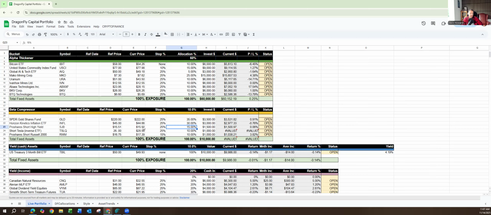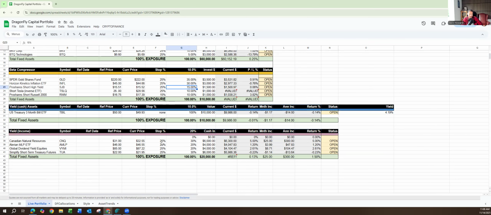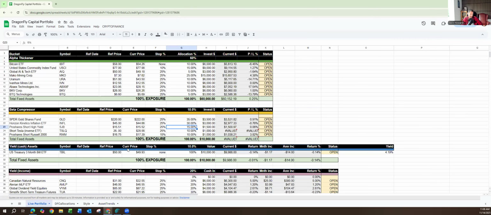But in terms of these volatility regimes, I want to reduce exposure, and I've added these names here called a beta compressor, which brings down the beta to adjust in this environment from time to time. Looking at, like I said, gold as a hedge, as an inflation hedge as well. With this ETF, short the high yield space here, short the car company, short the vulnerable Russell small cap in this shorter term time in markets.